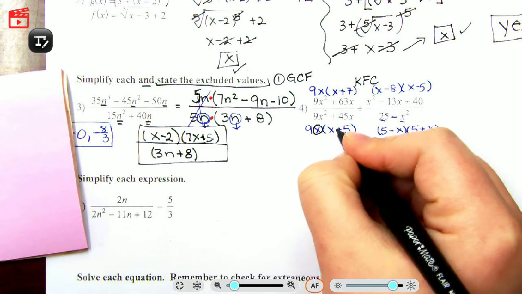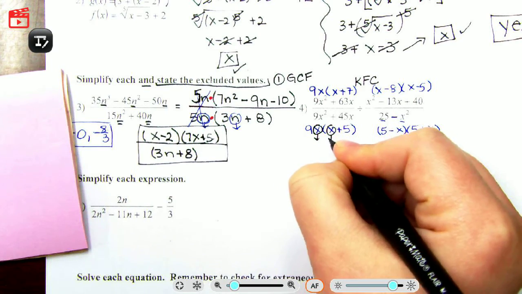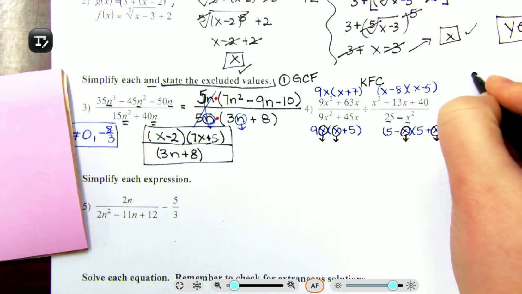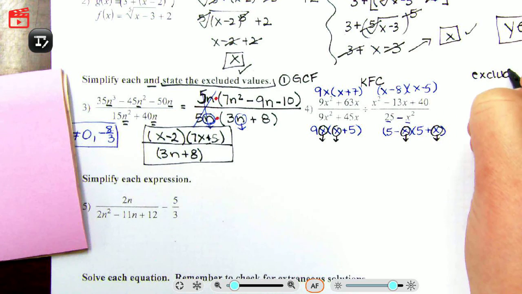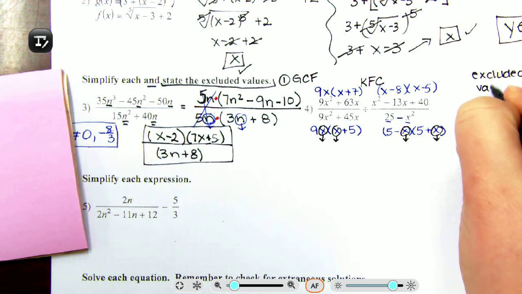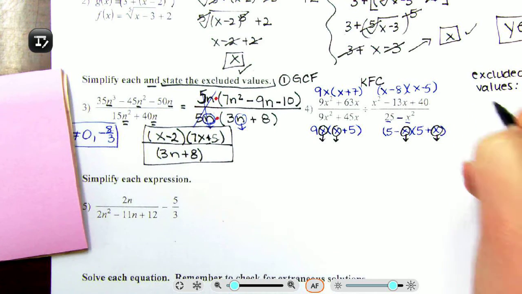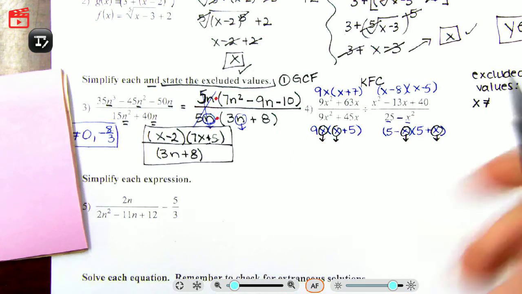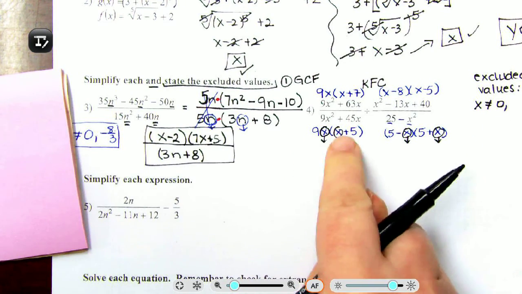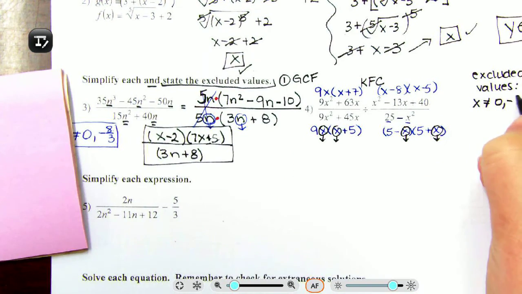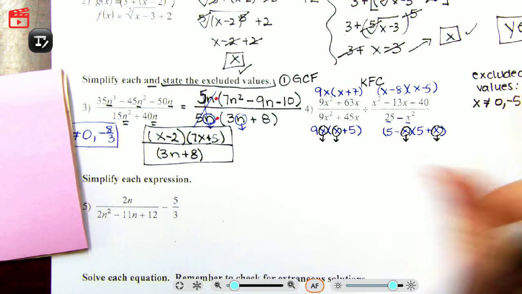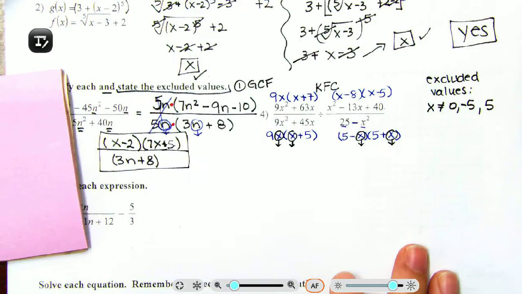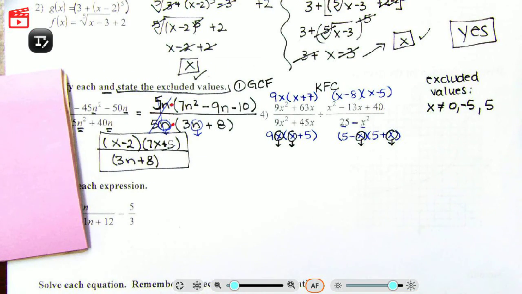So anytime you see a variable, draw an arrow and identify your excluded value. So x cannot be, what is x cannot be here? X cannot be 0. X cannot be negative 5. X cannot be 5. And x cannot be negative 5. So I'm not going to write negative 5 twice. I'm just going to write it one time.